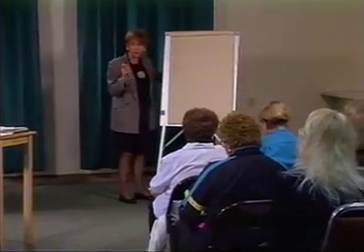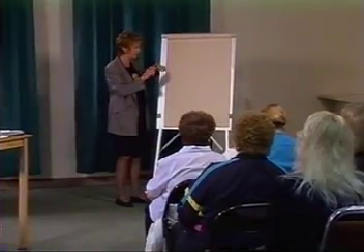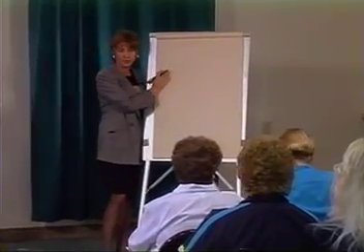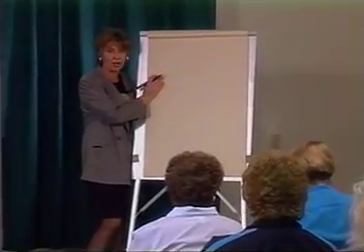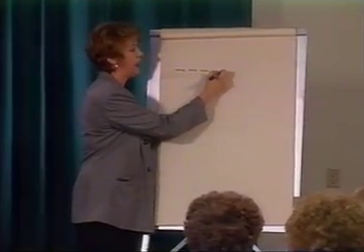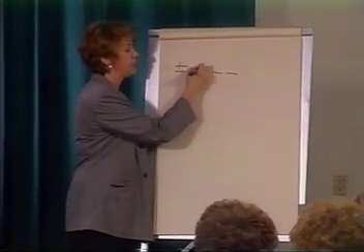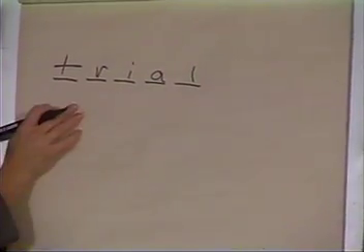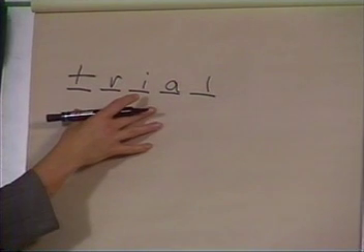In typewriter publishing or whatever, the typefaces that you use on the typewriter are what are called monospaced. For example, if we have the word trial, T-R-I-A-L, each letter takes up the same amount of space no matter how wide the letter actually is.